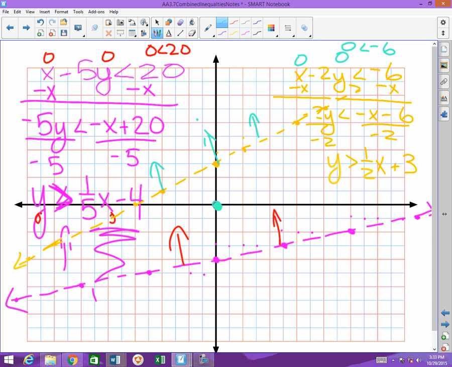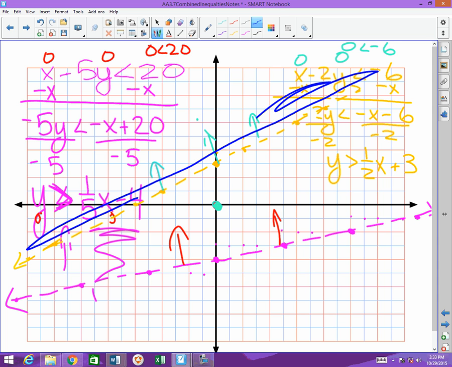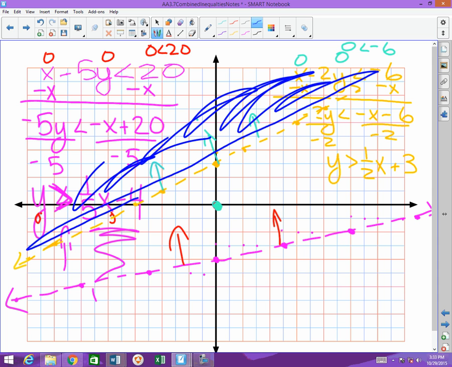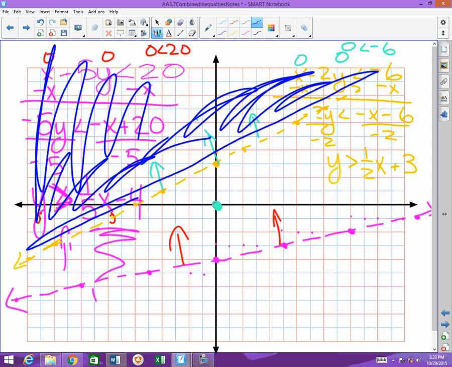So here, because we're supposed to shade up with this one and up with that one, we would only shade this part because it has to fit both of them. And then you're done with it.